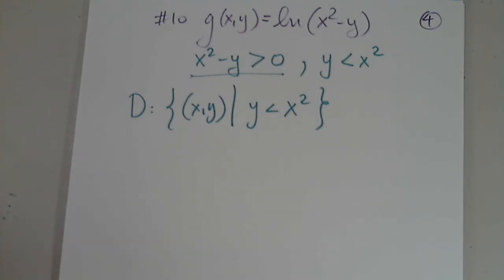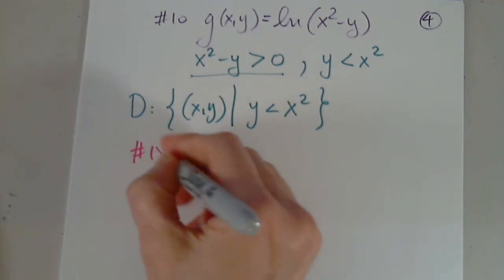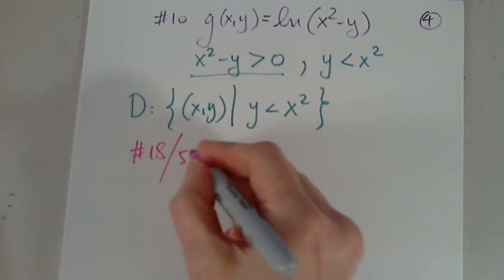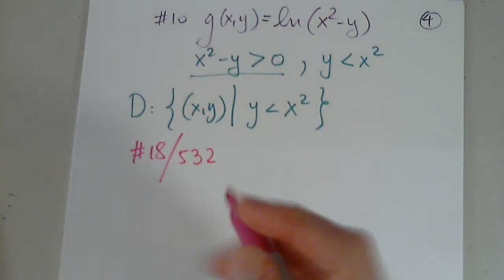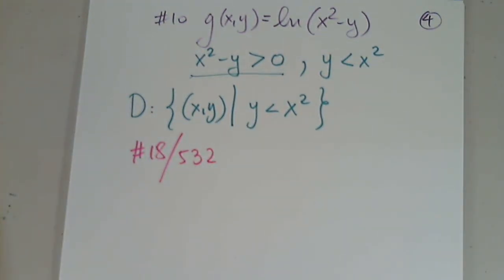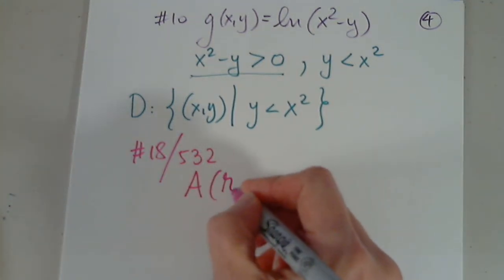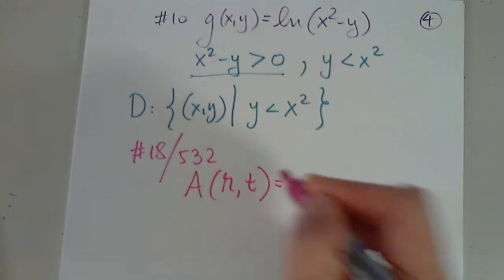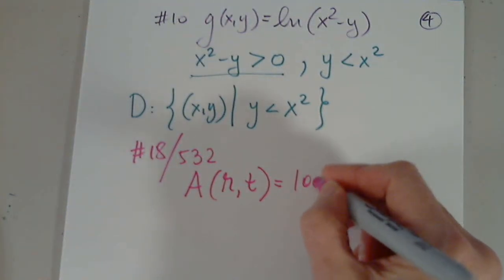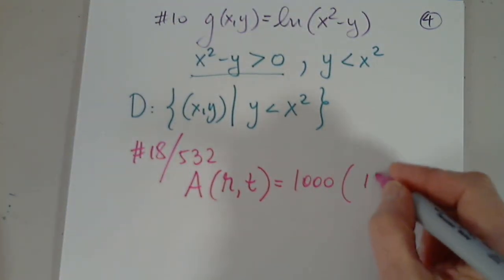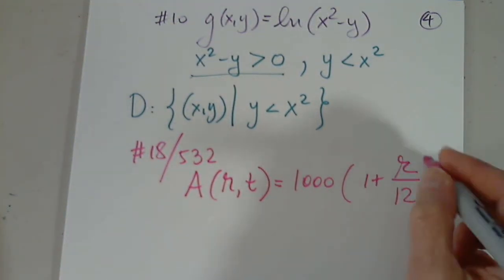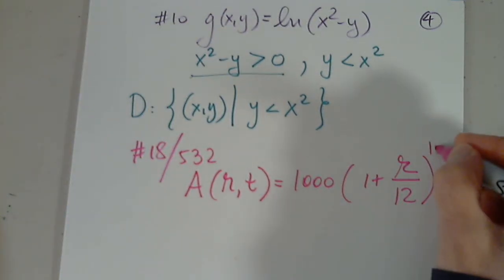Let's look at a word problem now. Let's say savings and interest. 18 on page 532. So we're given the formula A of R and T, and this is 1,000 times (1 plus R divided by 12) to the power of 12t.